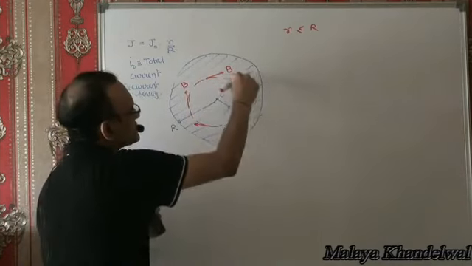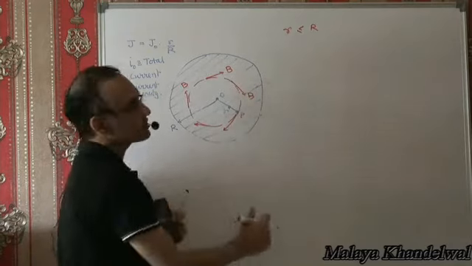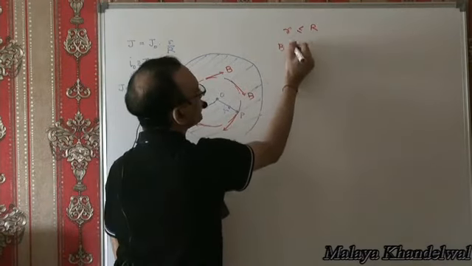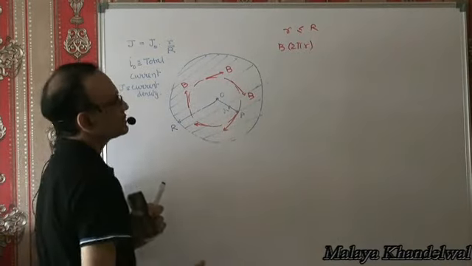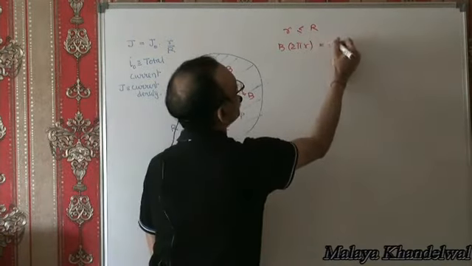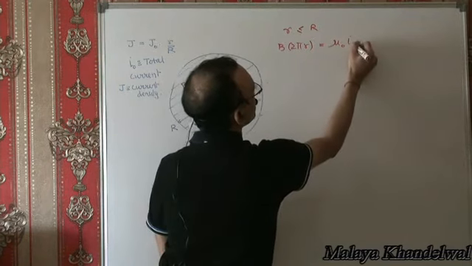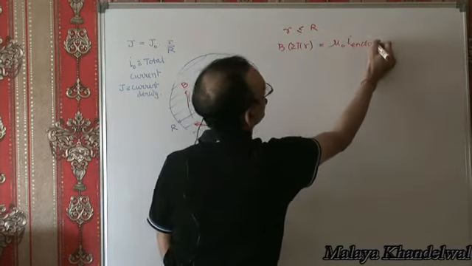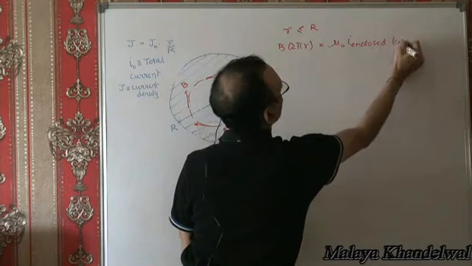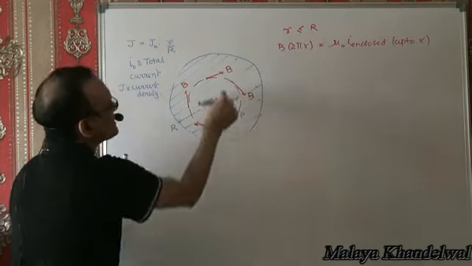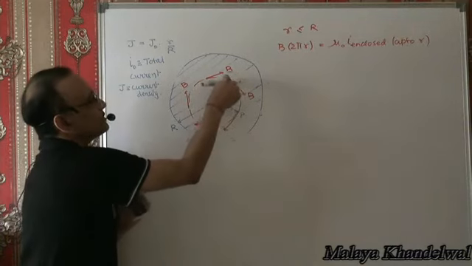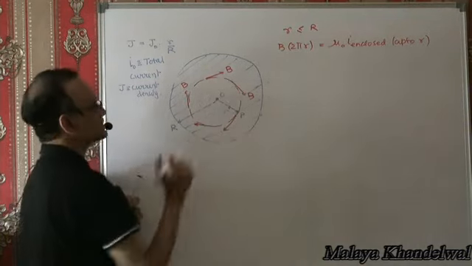So the line integral along this is going to be B into 2 pi r, and that must be equal to mu naught times the total I enclosed up to small r. Now that means I need to compute the total current flowing through this cross section.